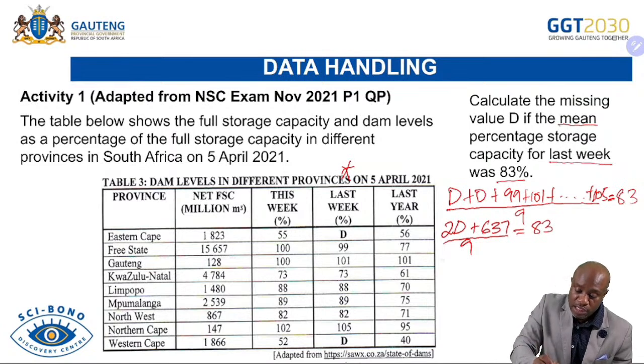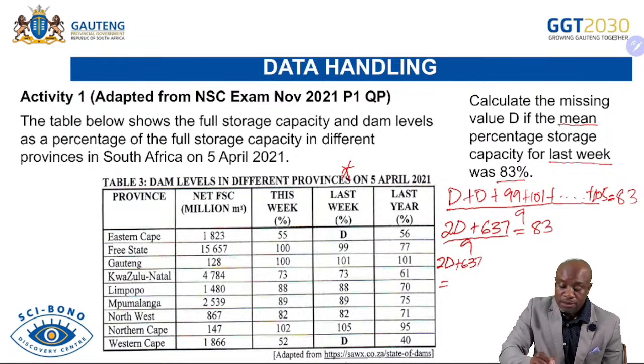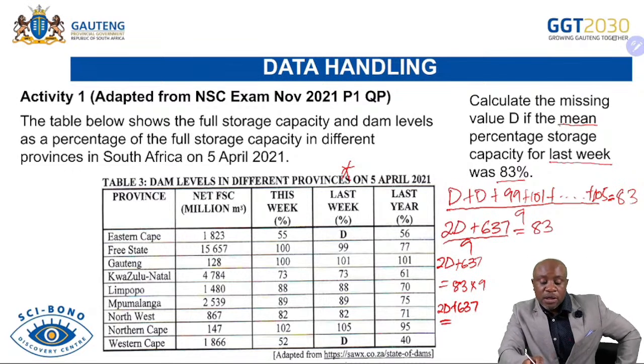So I will say 2D plus 637. So I'll multiply both sides by 9. So 9 times 83. I hope you'll understand where I'm coming from. So it's 2D plus 637 equals to 83 times 9.